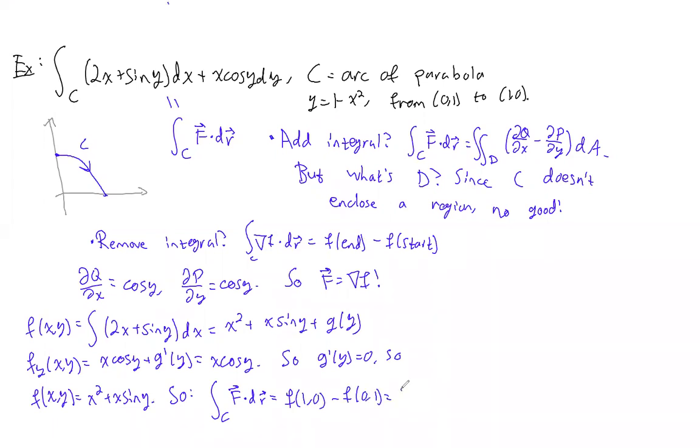That comes out to 1 plus 1 times sine of 0, which is 0, minus 0, because 0 times sine of 1 is 0. So the whole thing is just 1. And that's your answer.